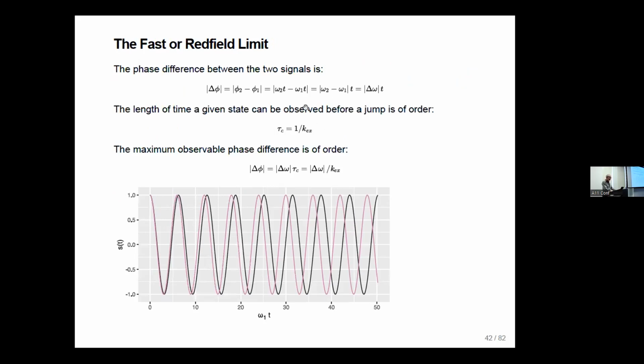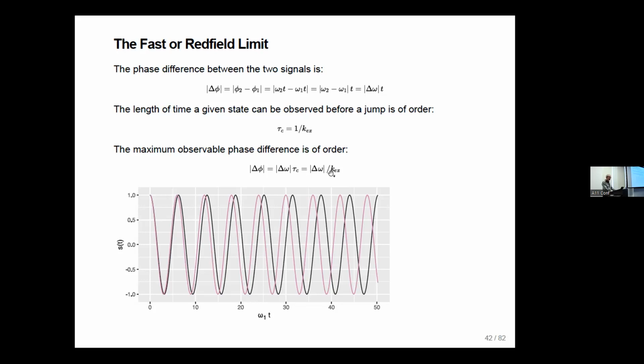So the correlation time limits how long you can observe. So if the correlation time is short compared to 1 over delta omega, you can't tell the lines apart. You see an average signal. So that means our observable phase difference is something like the ratio between delta omega and KEX.